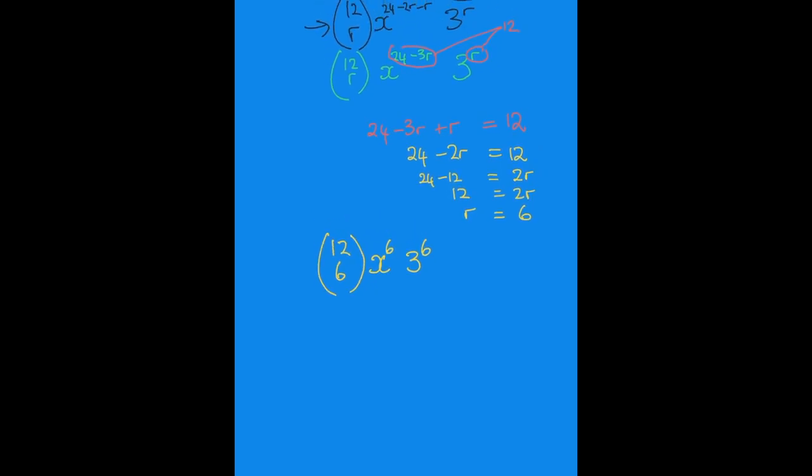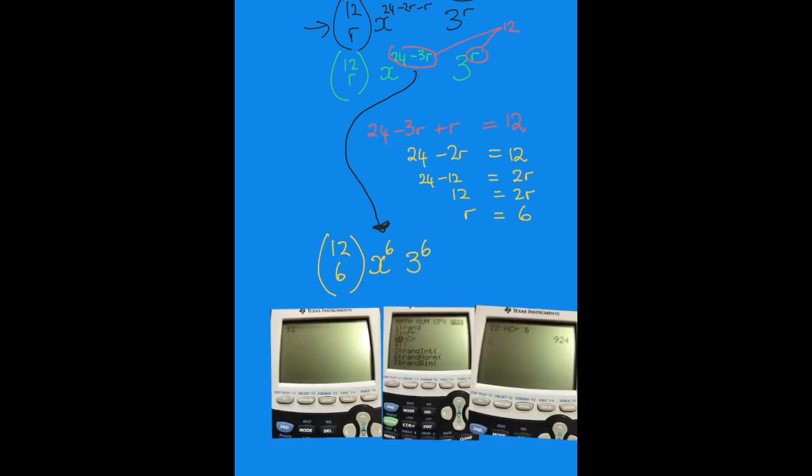Now, in case you got a little bit lost there, that's where that 6 came from. So now we know that, we can calculate 12 choose 6. You can put that straight into your calculator. Do you remember how to do that? You enter 12 into your calculator, then you go to math, probability, and then this one, and then you enter 6, and here's your answer. So that's equal to 924 x^6.